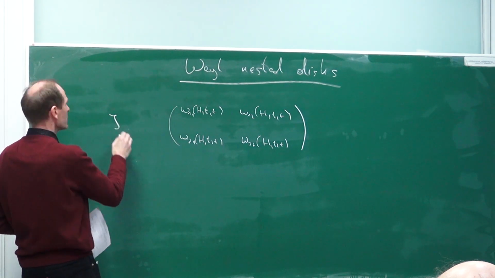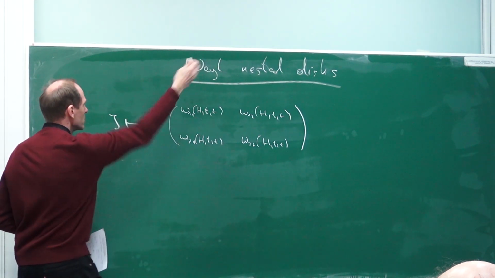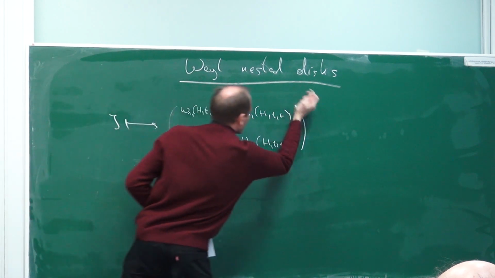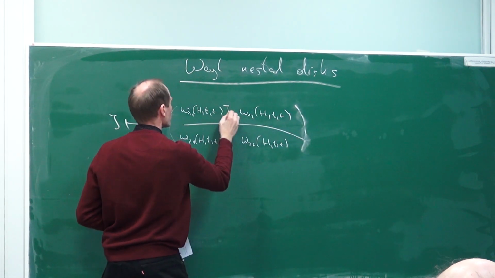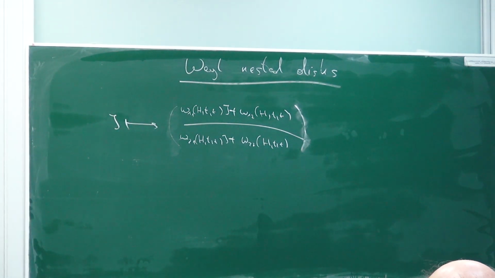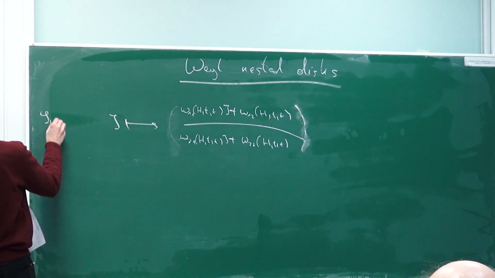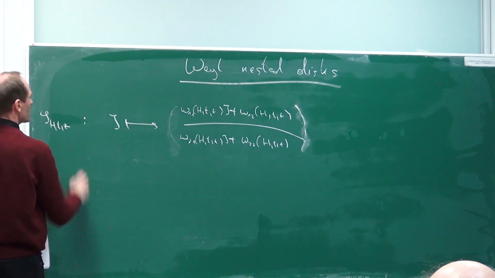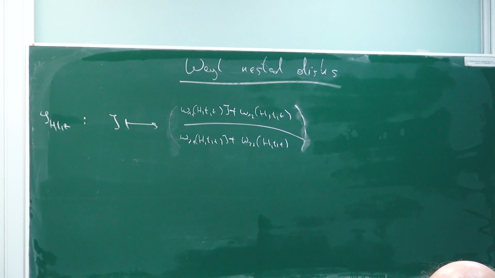Some point theta is mapped to, yes, that's how you make a fractional linear transformation out of the matrix. So that guy, let me call it phi of H, T, Z. That's now a fractional linear transformation.